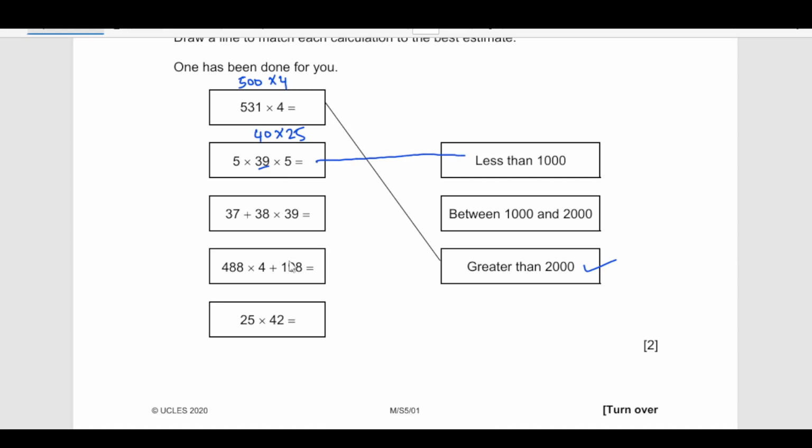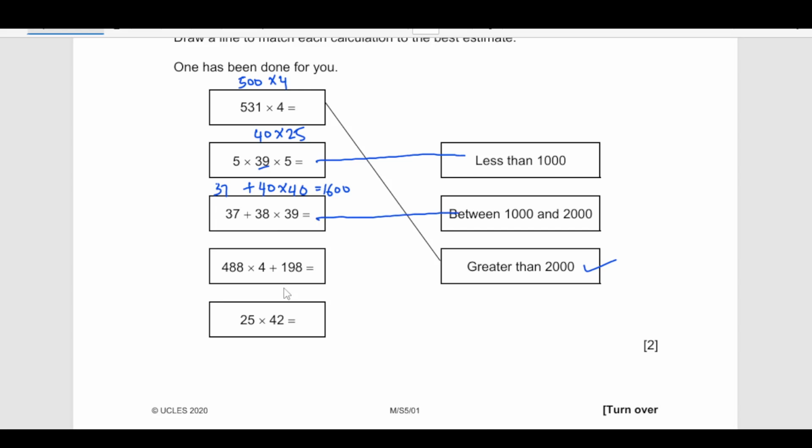Here between 1000 and 2000, so this we have here 37, we can make it 40 and 40, right, because they are closer to 40. So, this is going to be 1600, okay, and plus 37, 1637. So, this is going to be between 1000 and 2000, right.